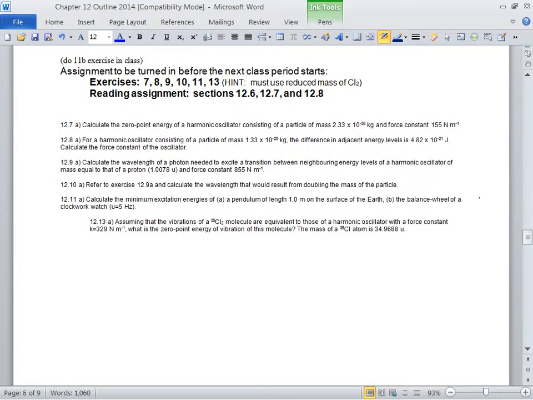So let's check out some of these. Do 11B in class. What the heck? I didn't type out 11B. What was 11B? I can use my book. Oh, I better hand these out. Here's our throw out Planck constant and bring in black body radiation.